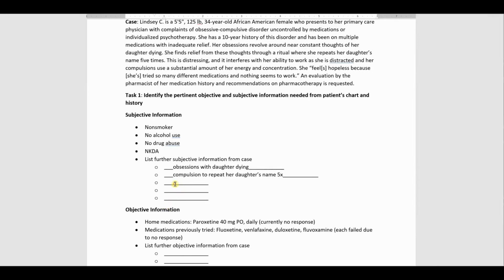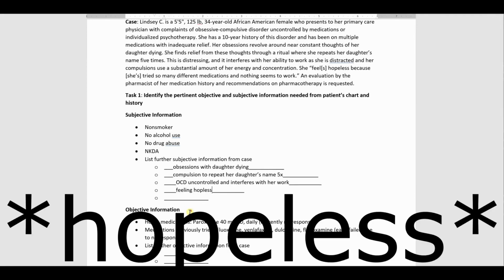Some other possibilities is that her current OCD is uncontrolled and interferes with her work. And finally, right now she's feeling hopeless because nothing's working for her.